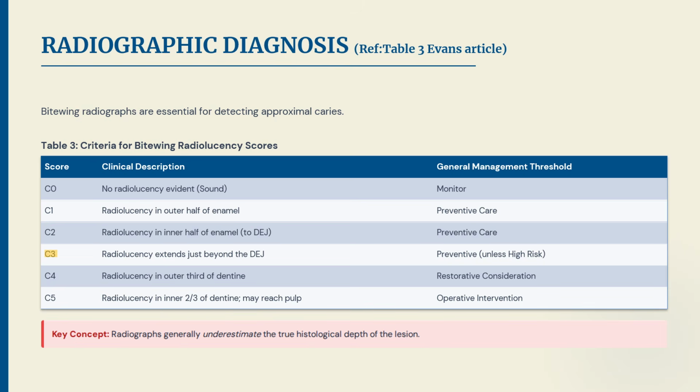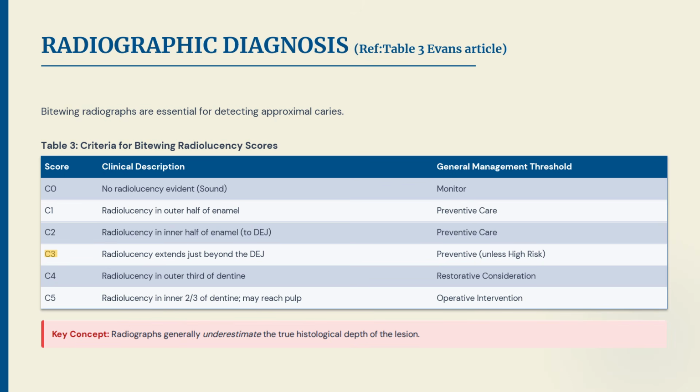Now let's look into the radiographic diagnosis. The most common radiograph which we use for detection of caries is a bitewing radiograph, where they're classified from 0 to 5.